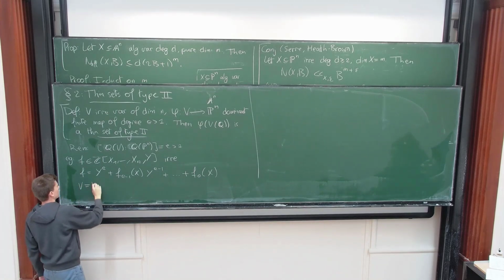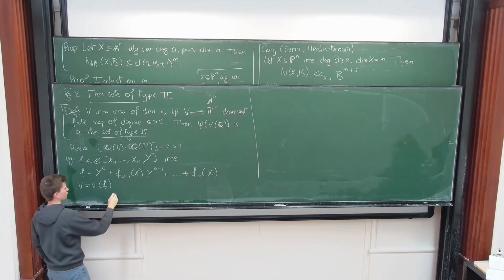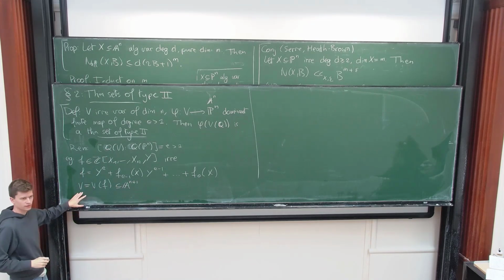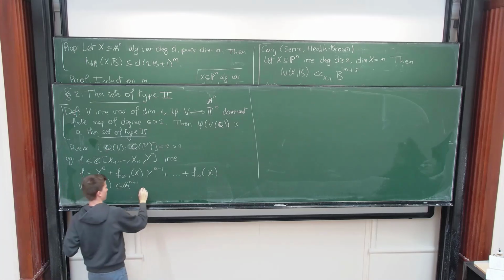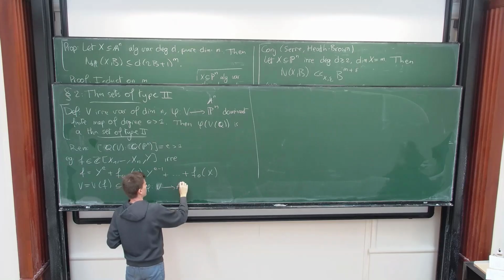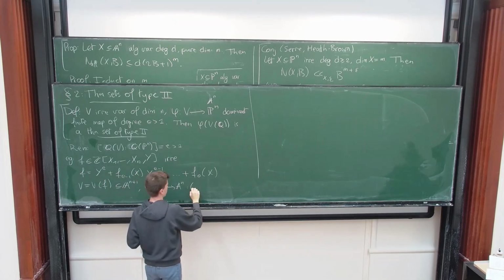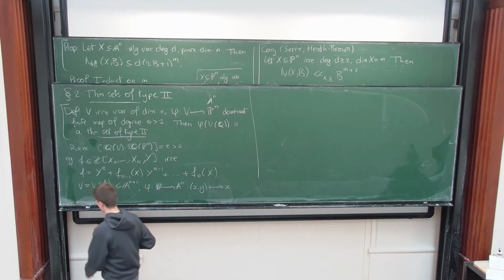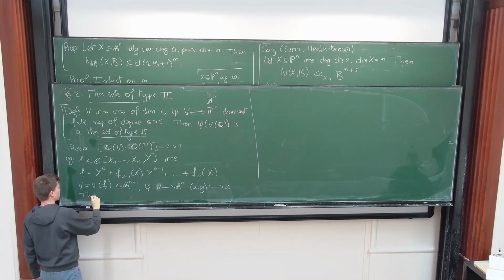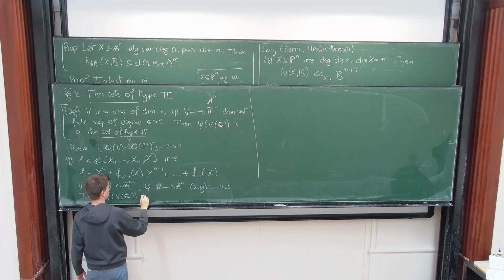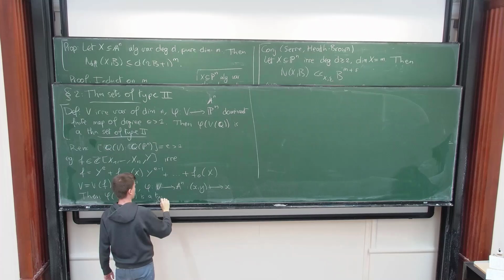Then we can look at the vanishing locus of f in An+1. This will be V, and the map phi will go to An, and it's just projection onto x. Then the image of these rational points on V is a type 2 thin set.